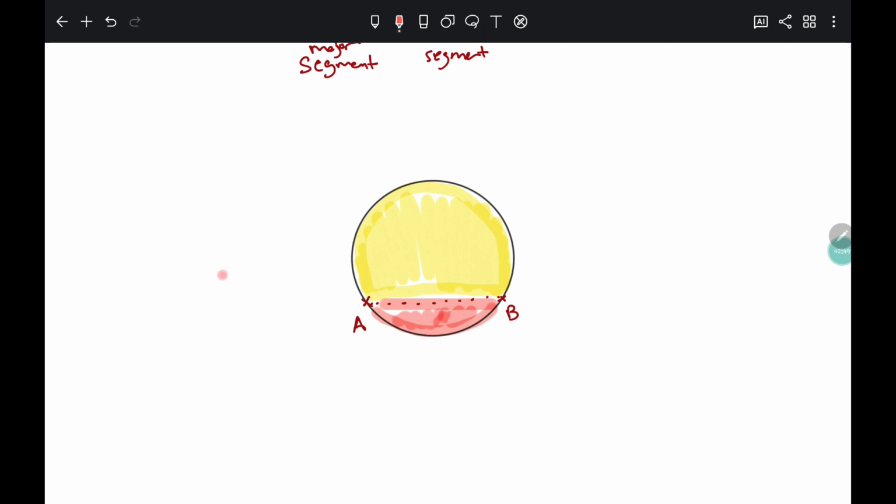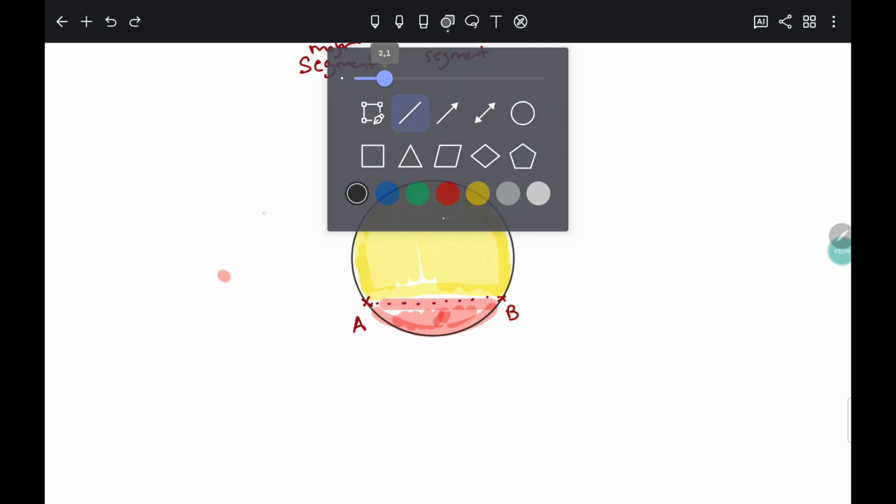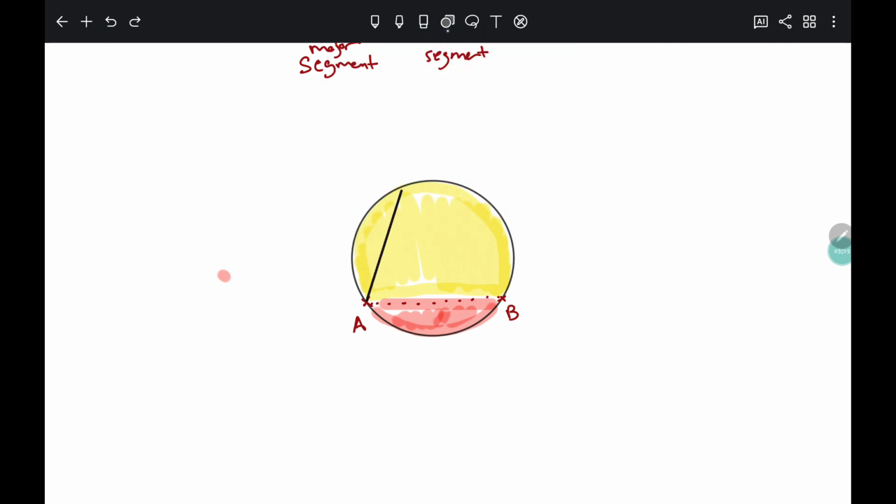For today, I want to form 2 angles from A and B. Let me extend the line in the yellow region.